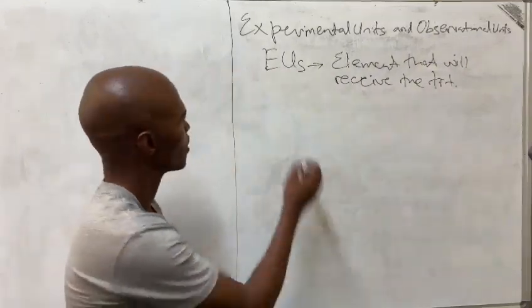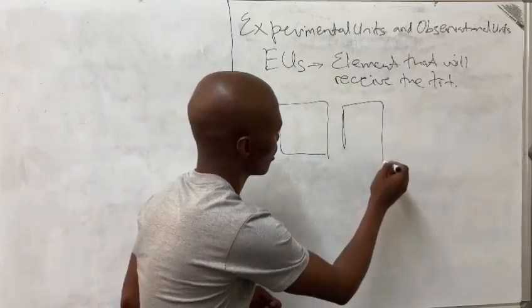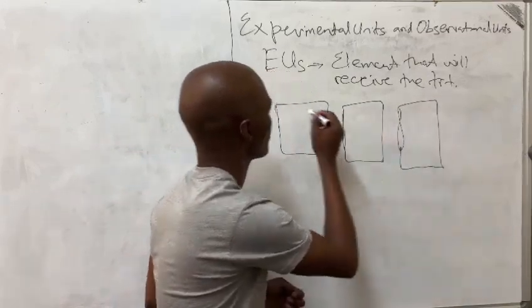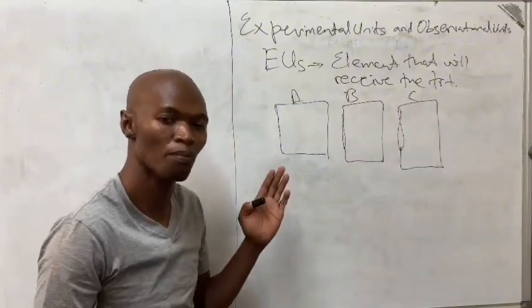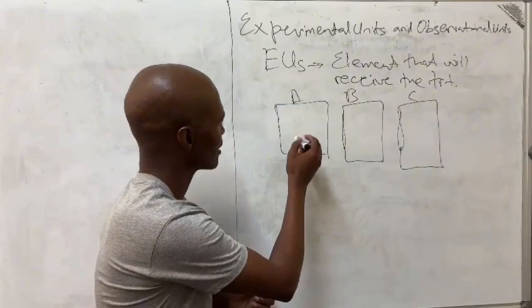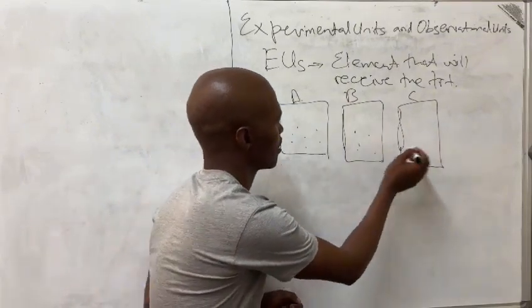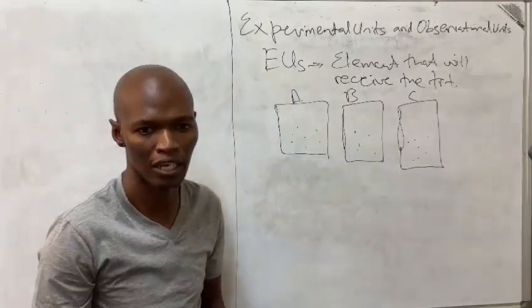For example, if you are conducting your experiment, you have your pens, pen A, B, C, and inside those pens you have animals. In your experiment, you want to feed those animals.